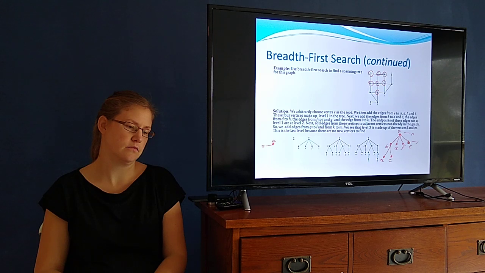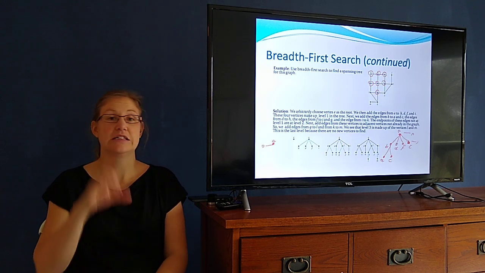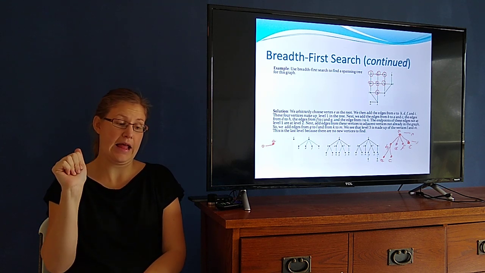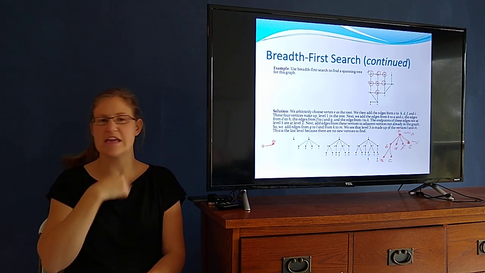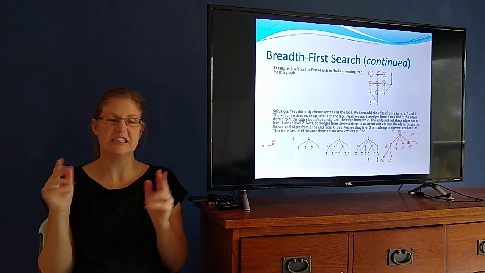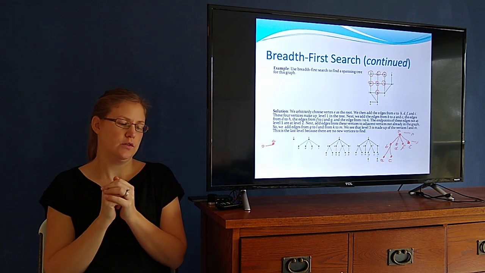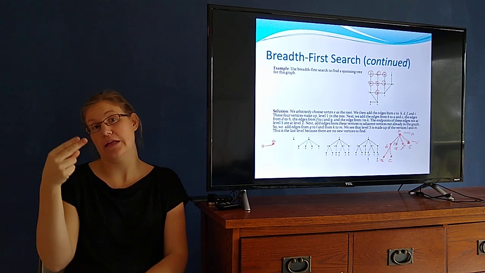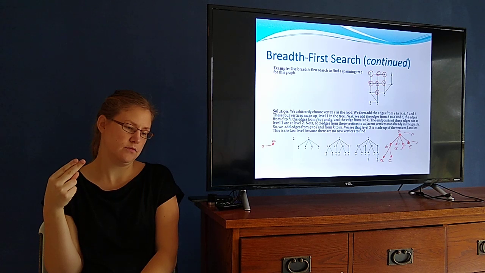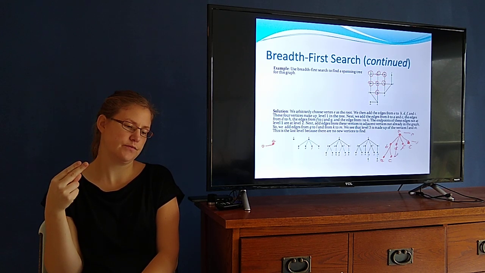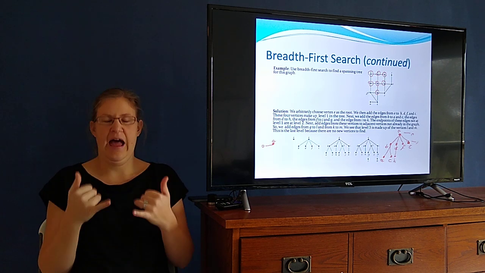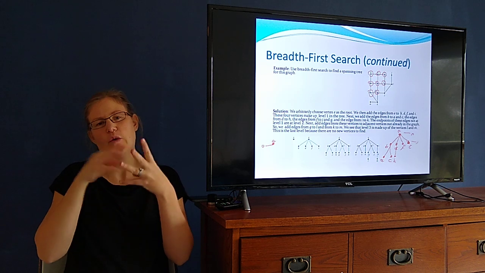Okay, and how about D? Let's go to D. D is connected to A, but A is discovered already, and also connected to H. So D is connected to only H. Let's remove H here on the graph. And what else do we have?